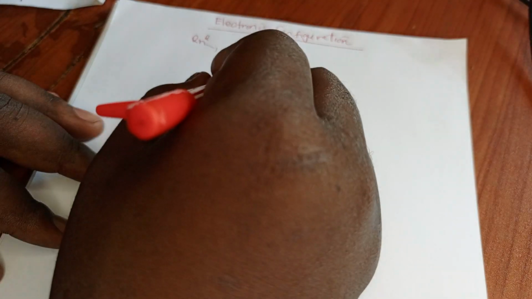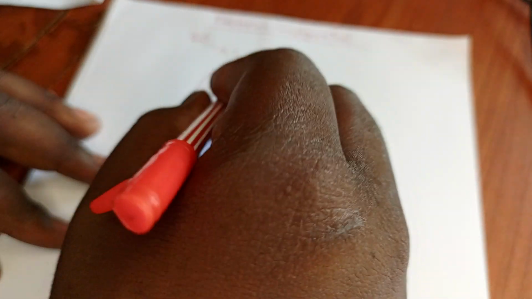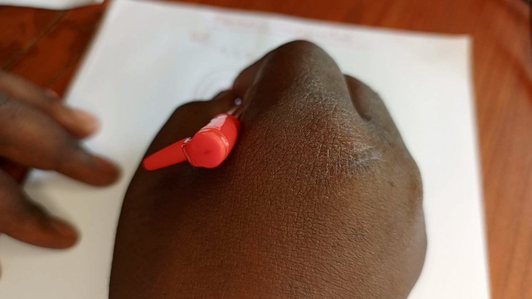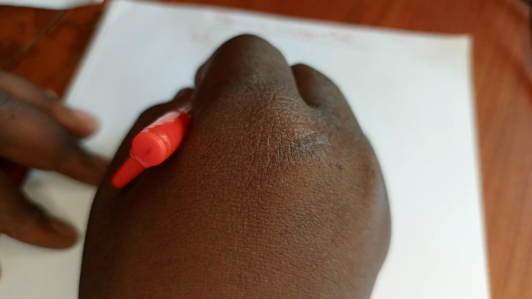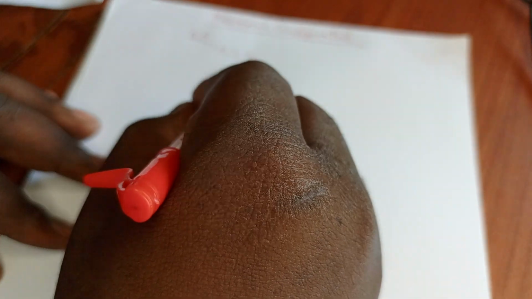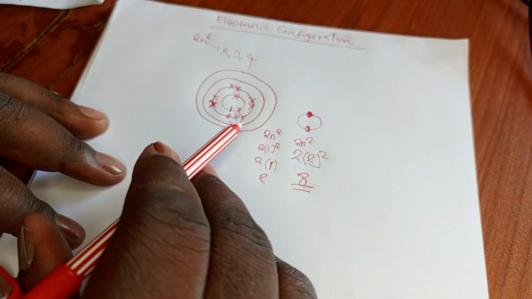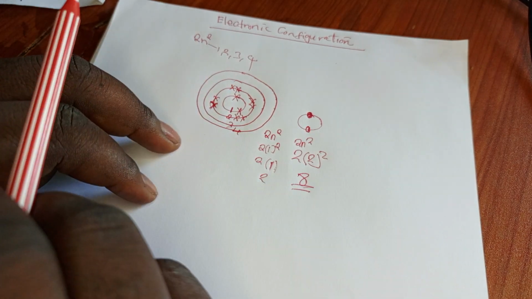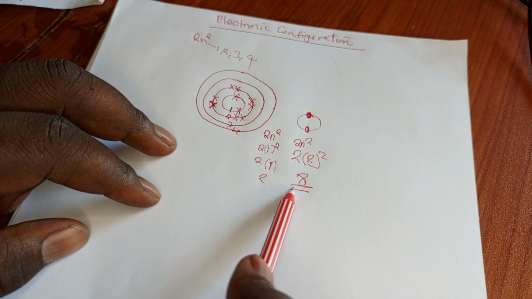So I'm going to put 2 here, 4 here, 6 here, then 8 here. So as you can see, I have 8 electrons in the second shell.